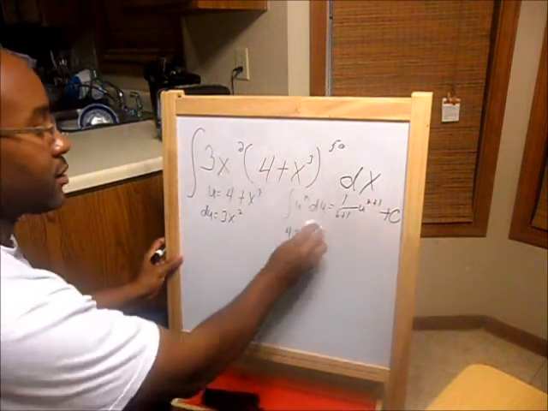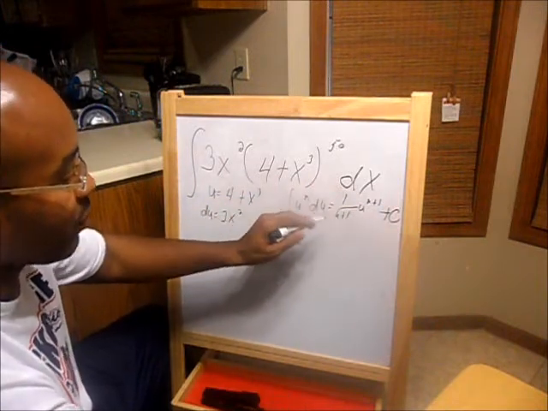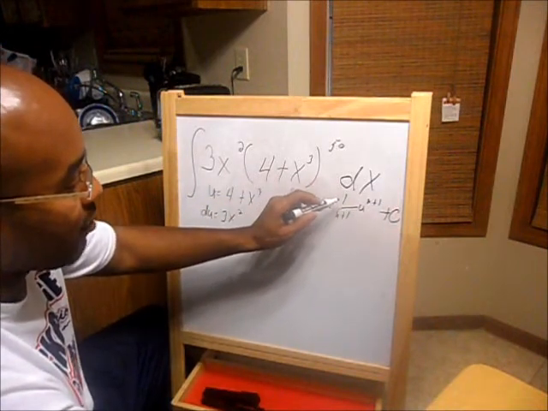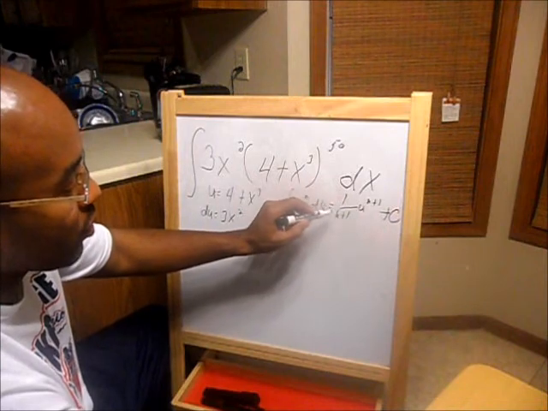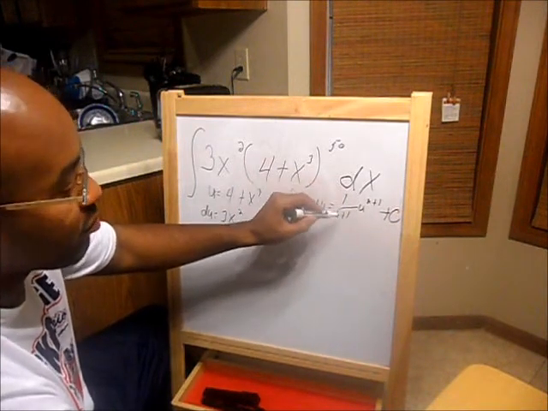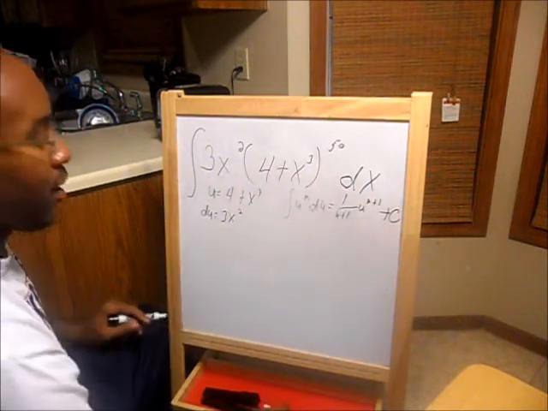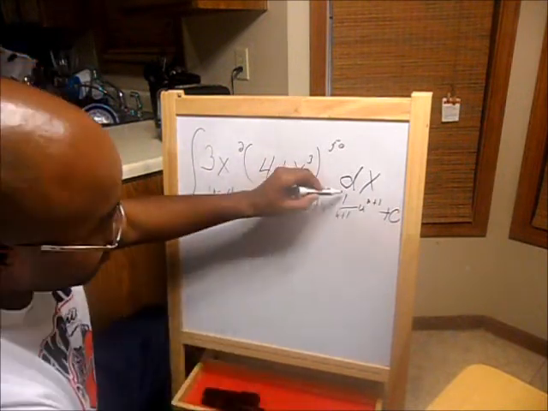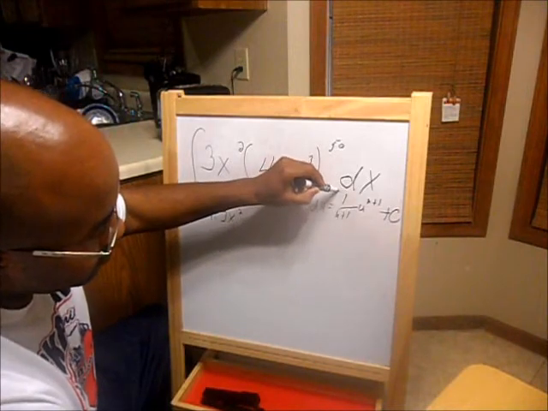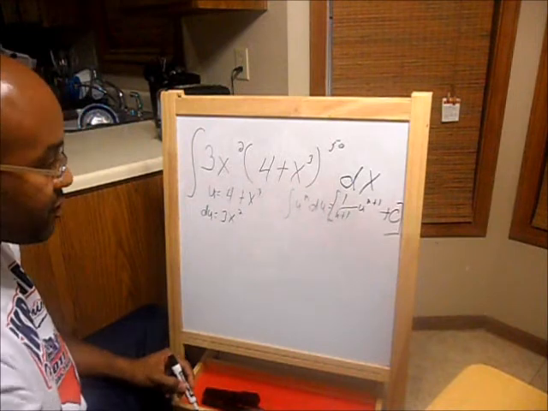Actually, you know what? I'll take that back. Excuse me. It's not 4 plus. We will integrate that in, but we want to actually make it look like this here: 1 over n plus 1, u to the n plus 1 plus c. All right, so we want to make it look like this portion here, which is going to be very simple.